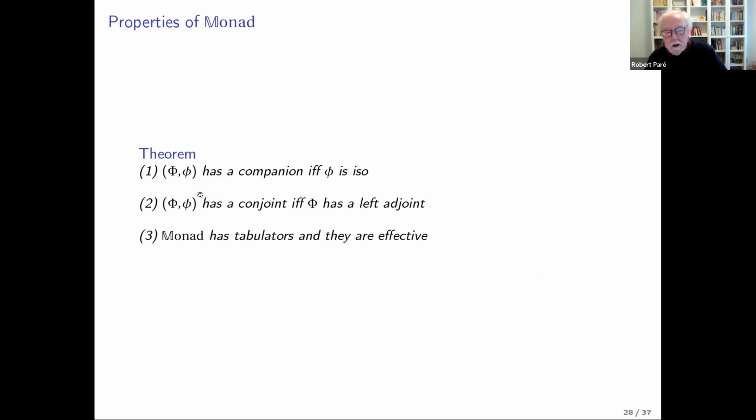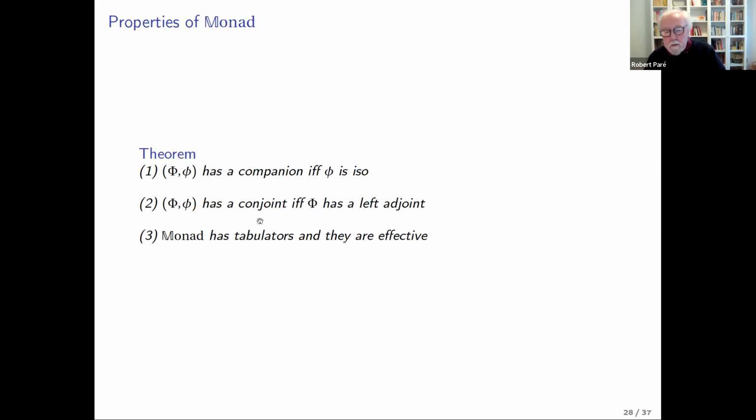In this double category now, a lax guy phi has a companion if and only if the structure map psi is an iso. So that means it's lax and it's oplax, and the structure maps are inverse to each other.